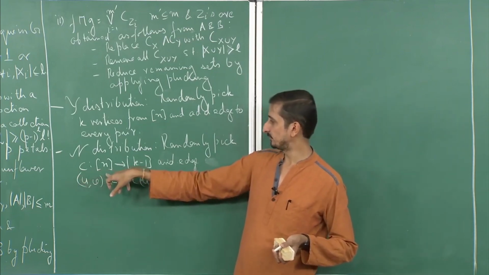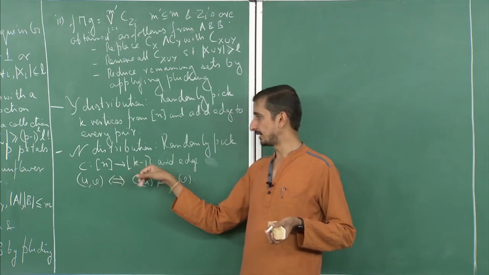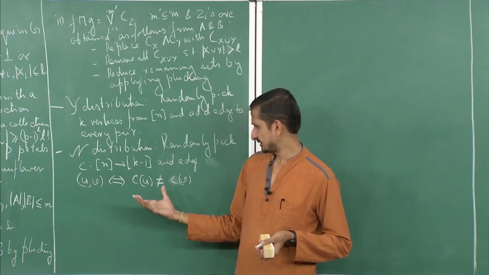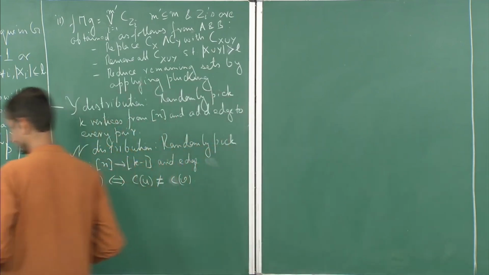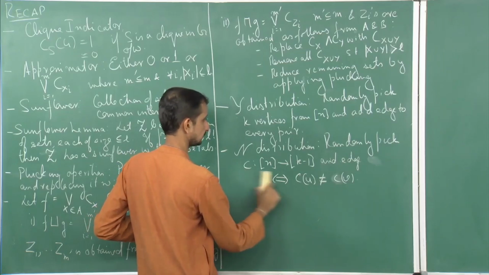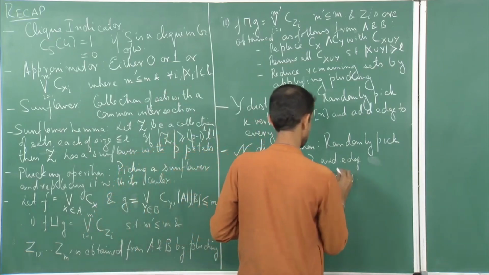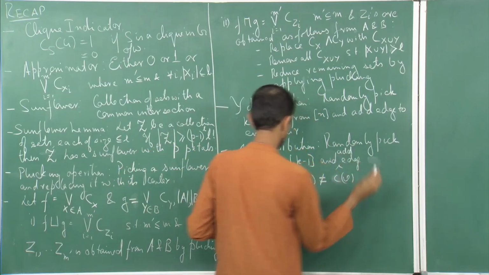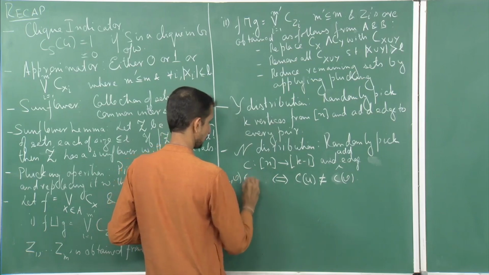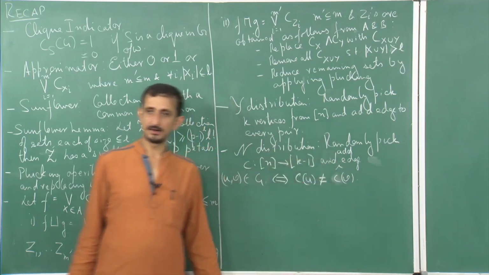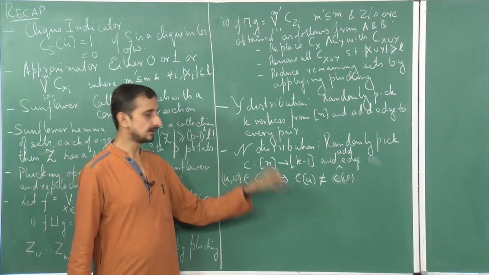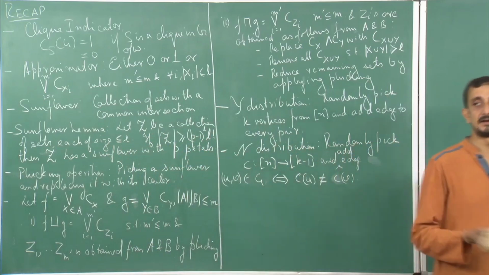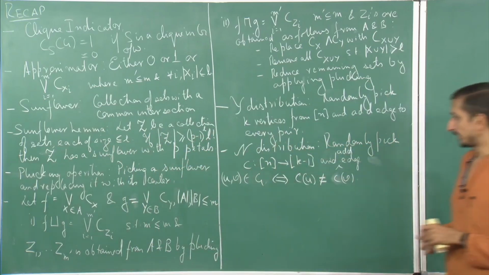Think of C as a coloring function which assigns a color between 1 to k minus 1 to all the vertices, and now I add an edge u comma v in G if and only if they are colored differently. It is very easy to see that this graph will not have a clique, because you will never find a set of k vertices which are colored differently, because you only have k minus 1 colors.